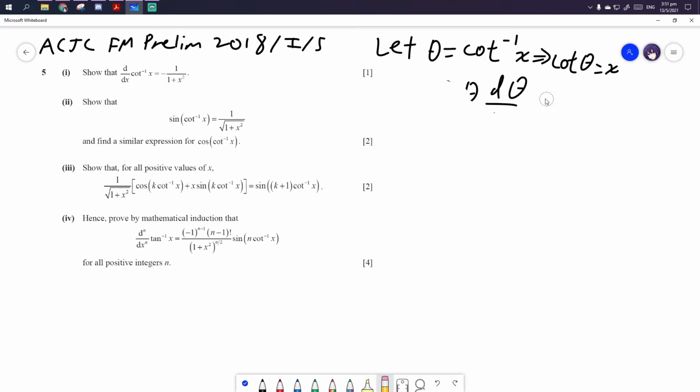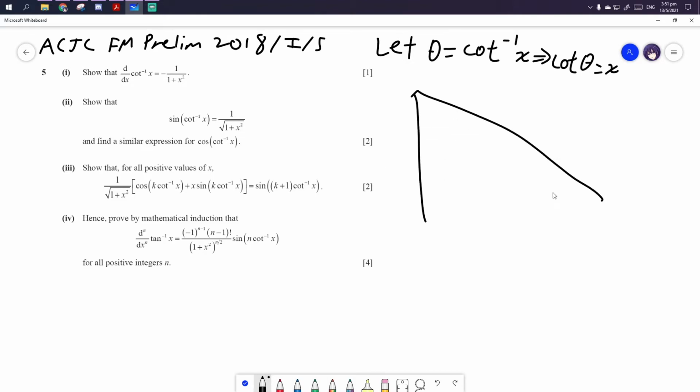For the second part, we need to show that sine of cotangent inverse of x is 1 over the square root of 1 plus x squared, and find the similar expression for cosine of cotangent inverse of x. So for this, you just draw your triangle like you did for O levels. This will be theta. This is a right angle, and then we can let this be 1, x, square root of 1 plus x squared.